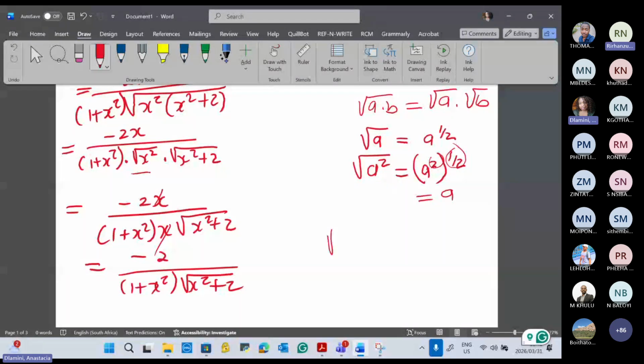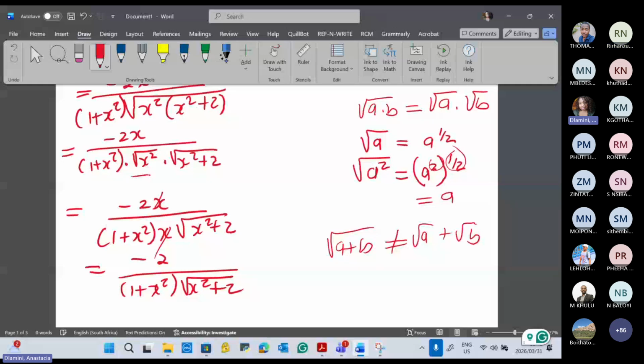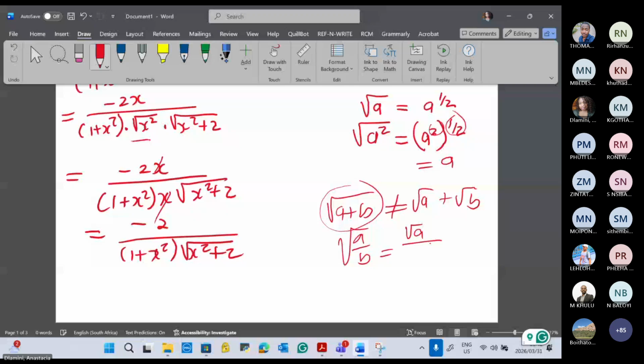So it remains like that. You cannot separate. The same applies to the square root of a minus b. But we know that the square root of a over b is equal to the square root of a over the square root of b. I'm saying that because we might need it. Are we all together?